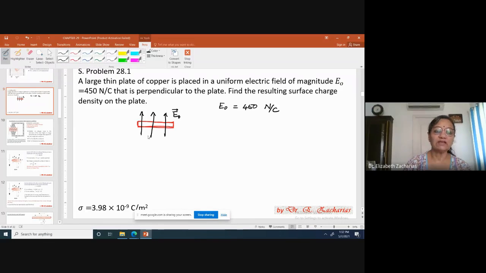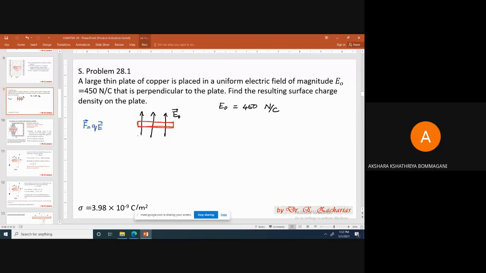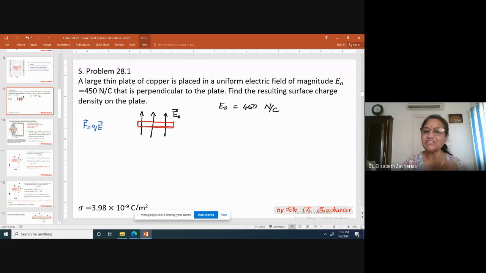Now if you apply a field in this direction, where will the positive charges go, upward or downward? Or where will the negative charges flow? Positive charge goes upward. But please remember it is a metal, so positive charges don't flow. It's only electrons which will flow.